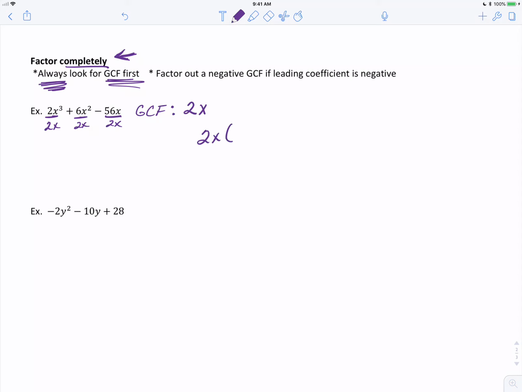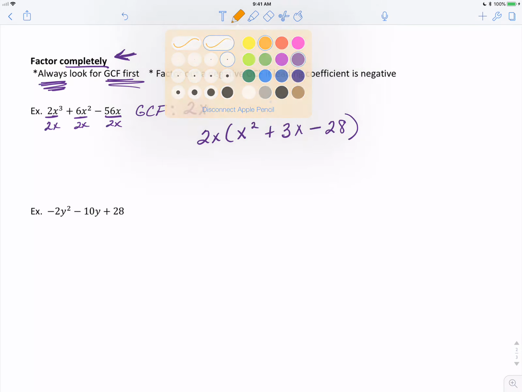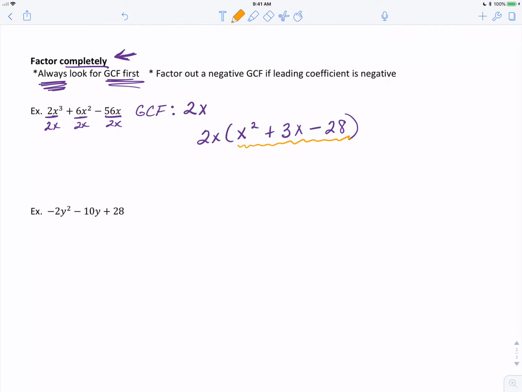So we've got the 2x on the outside, and that leaves us with x squared plus 3x minus 28. Okay, so now we want to take a look at this part and say, can we factor that some more?